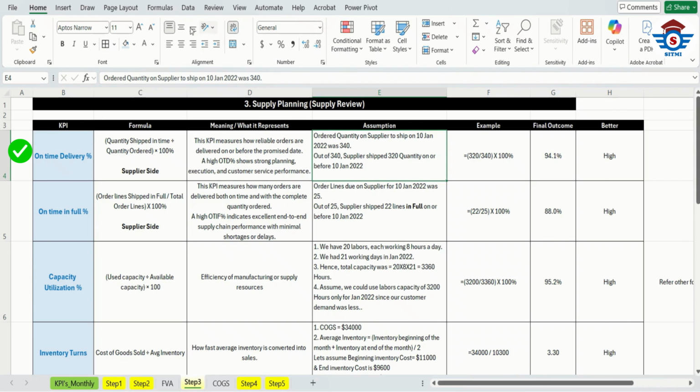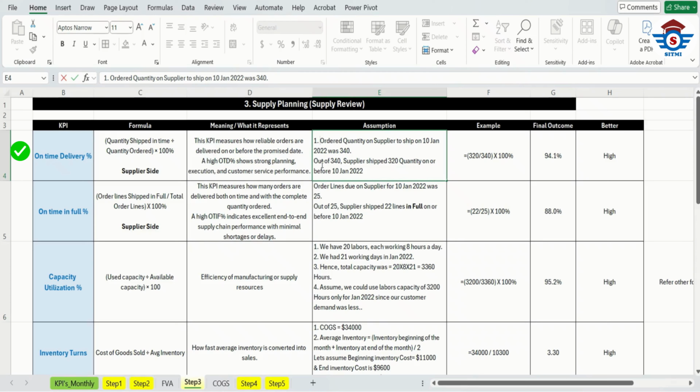Now, let's take some assumptions. Okay, so the first assumption is we ordered total quantity on supplier to ship on 10th of January 2022 was 340 quantity. Okay, so we had ordered 340 quantity on supplier, and we expected that supplier will ship this on 10th of January 2022.